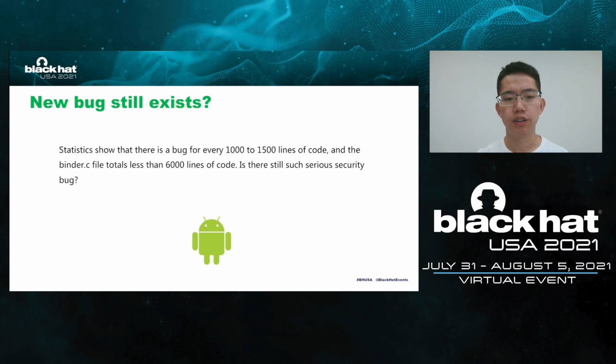Statistics show that there is a bug for every 1,000 to 1,500 lines of code, and the Binder source file totals less than 6,000 lines of code. So we have to think about one question: is there still such a serious security bug? Of course, the answer is yes, and that's why we're here today.